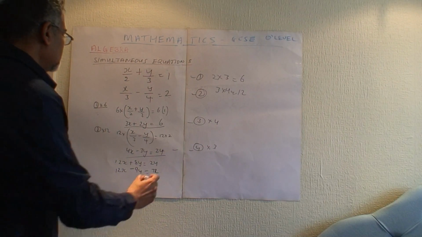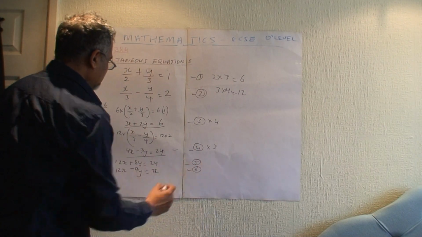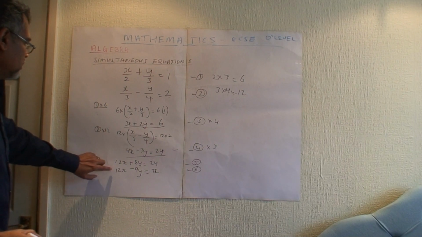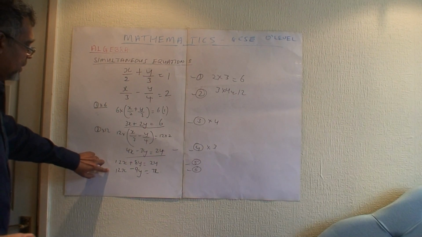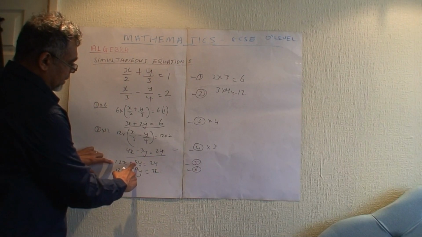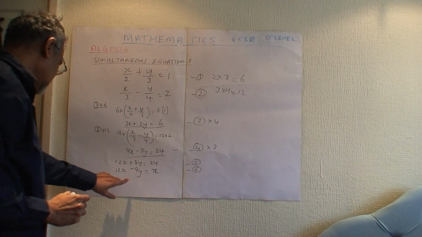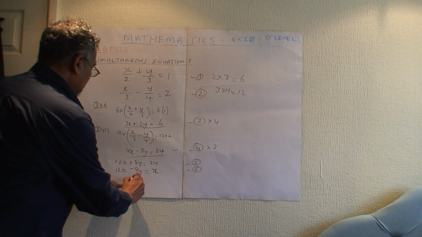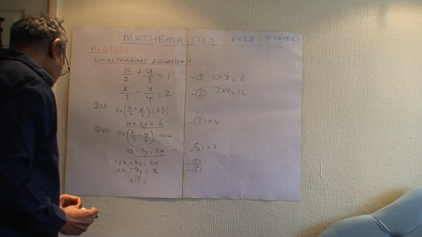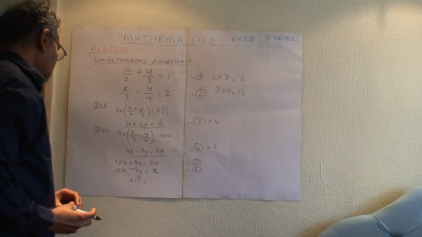So this becomes equation 5, equation 6. So we're going to minus these two here. So this becomes 0. We have 8 minus minus 9. Minus and minus is a plus. So we have plus 17.